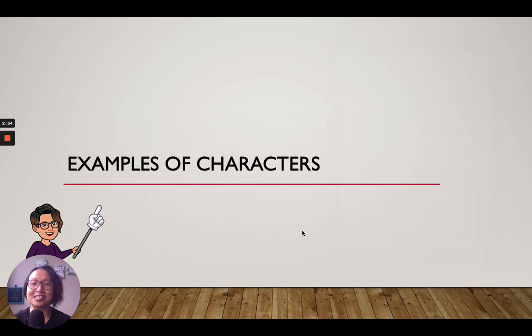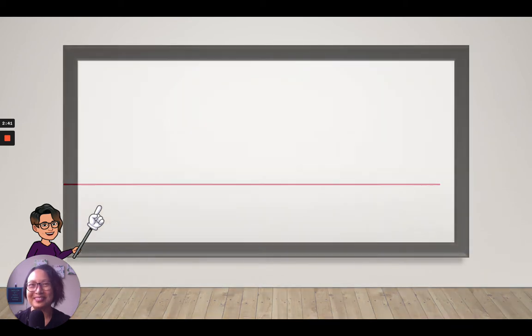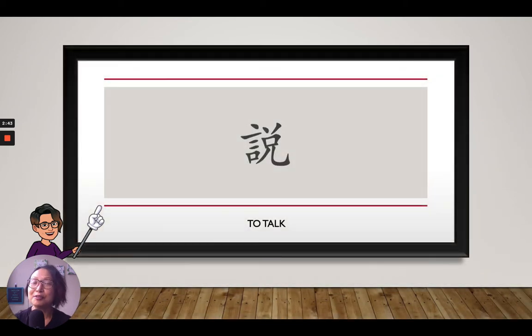Let's take a look at some examples of a character that has this 部首. Most of the time, you will see the 言字旁 on the left, 左邊. So this word right here is the word 說, which means to talk. So when we say 說話, 你嘅說話, your word, the thing you say.